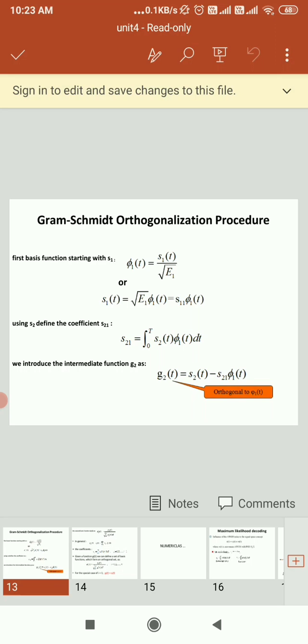We can define integration 0 to t of S2 of t phi 1 of t dt. So here we can introduce the intermediate function g2 of t equal to S2 of t minus S21 phi 1 of t, which will be orthogonal to phi 1 of t.